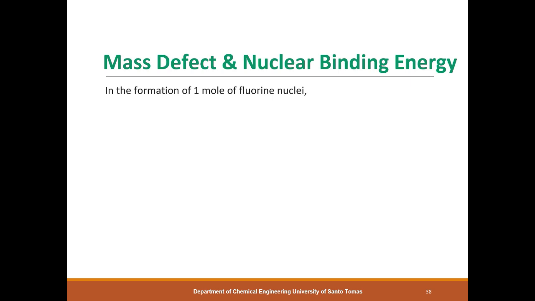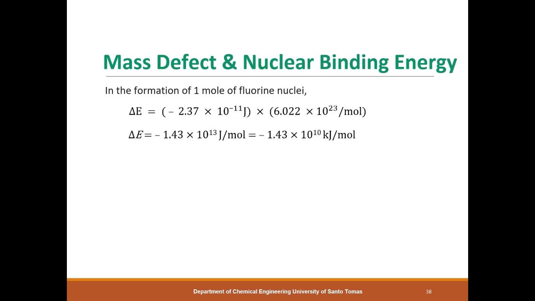In the formation of 1 mole of fluorine nuclei, for instance, the energy release is given by the computed delta E multiplied by Avogadro's number. So this allows us to determine the energy per mole.